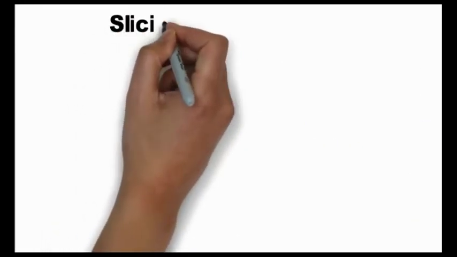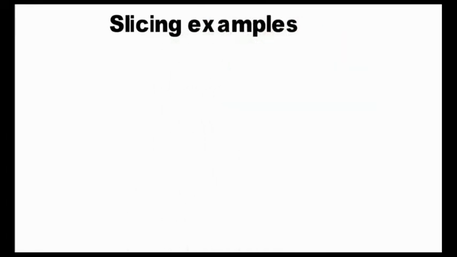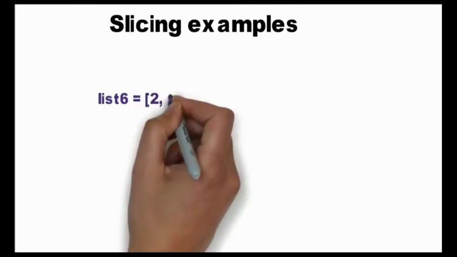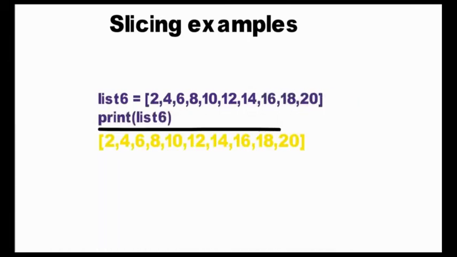Next, let's look at slicing examples. Slicing basically helps in fetching a specific portion of our list. This can be achieved by passing the starting and end index. Let's create our list: 2, 4, 6, 8, 10, 12, 14, 16, 18 and 20. Let's say we want to get the first 3 elements from the list.